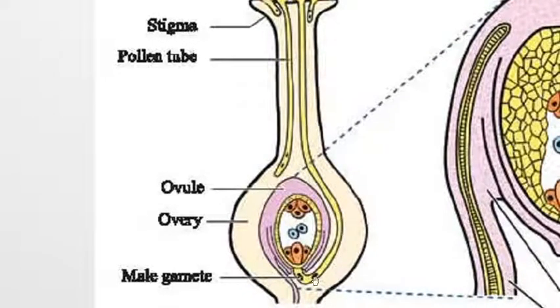The two male gametes penetrate the ovule through the micropyle, the pore present at the bottom of the ovule, and one male gamete fertilizes the egg or ovum, and one male gamete fertilizes the secondary nucleus.